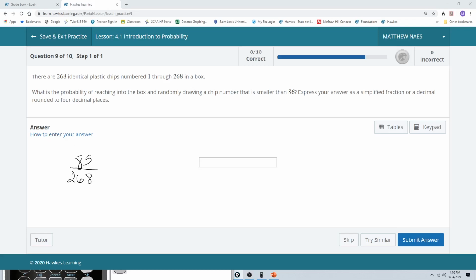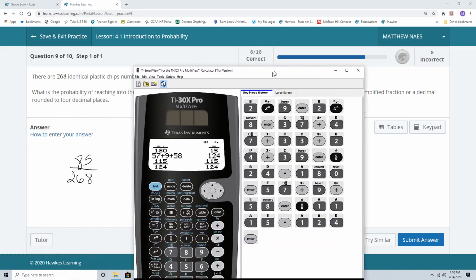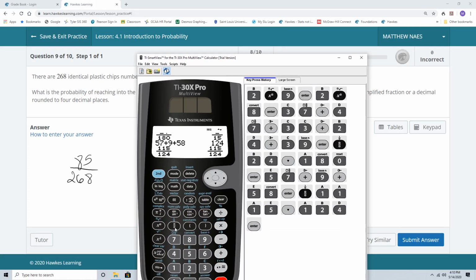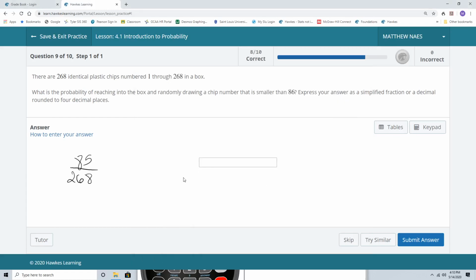And that's it. Let me put it in the calculator to check to see if it reduces. 85 over 268 doesn't reduce. So 85 over 268 is the answer.